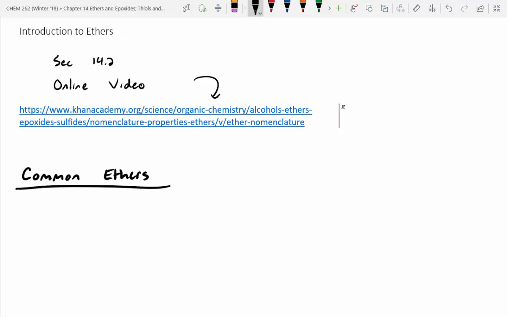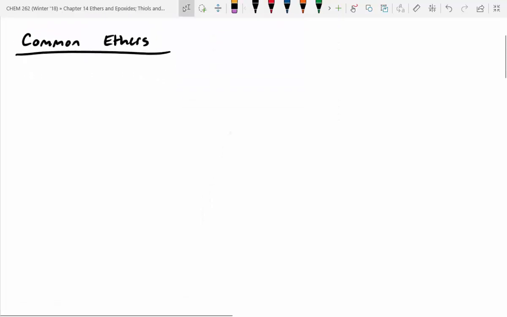There's a handful of ethers we see all the time in a lab setting, the most common of which is diethyl ether. It's pretty easy to name, right? It's an ether with two ethyl groups coming off of it. Alternatively, what you can do is find the longest carbon chain that contains your ether functionality.